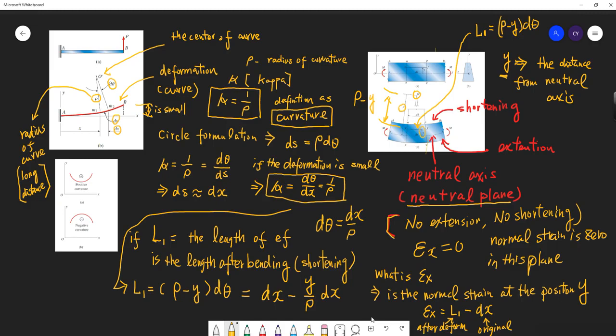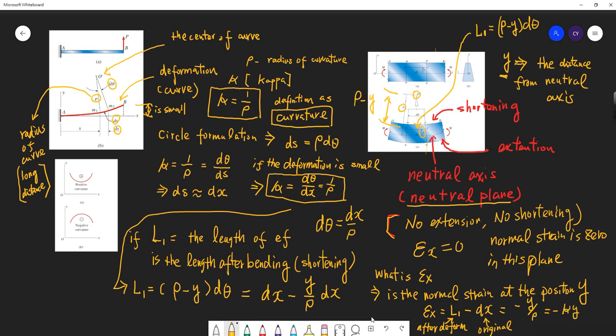So then you can get epsilon x equal to minus y divided by rho, and equal to minus kappa y.